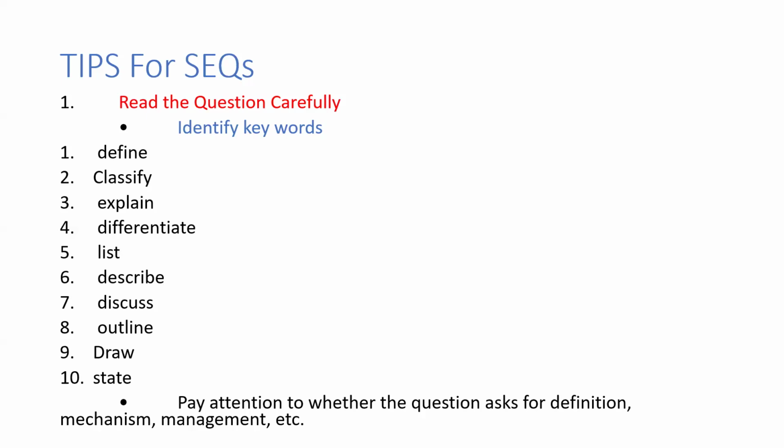So if you see SCQs, you have to identify the keywords. You have to be very careful about these keywords. The questions will start with define, classify, explain, sometimes differentiate and list, maybe describe and discuss, sometimes outline, otherwise draw and state.